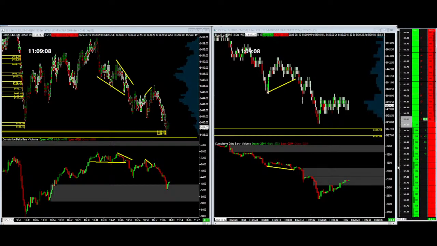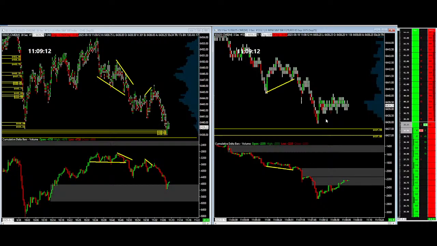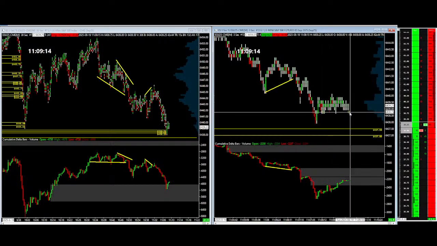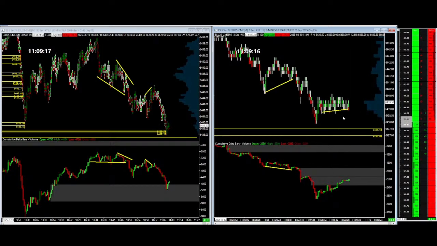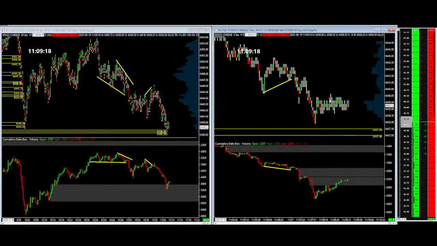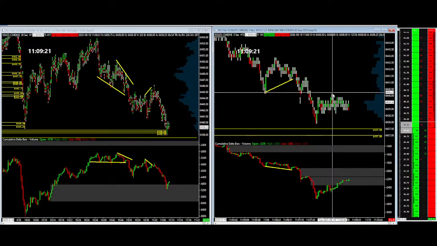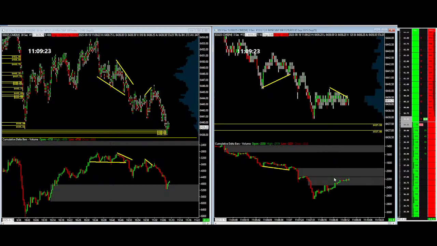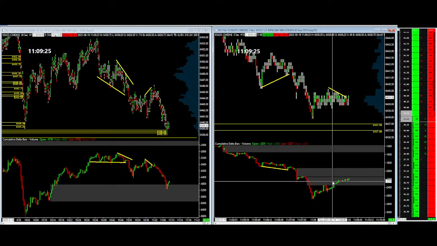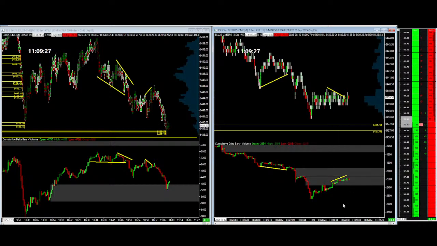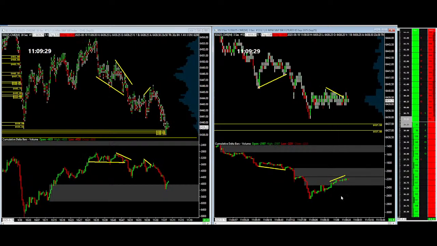Draw a line at this little micro range, and then match it with the delta. No, the top of it. Yeah, see, you could even draw the whole deal, that whole micro range.